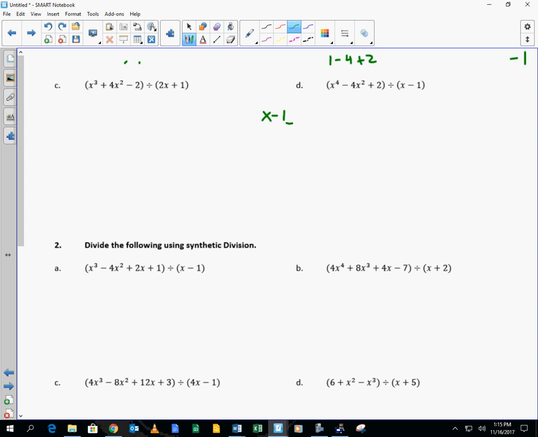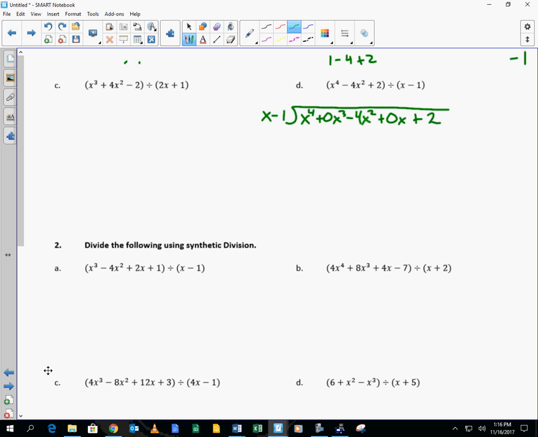x minus 1 goes into x to the fourth, then what? 0x cubed minus 4x squared. Zero does not have value, whether it's positive or negative, so it does not matter.